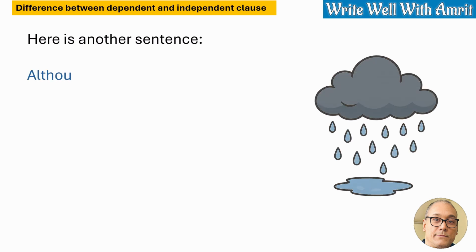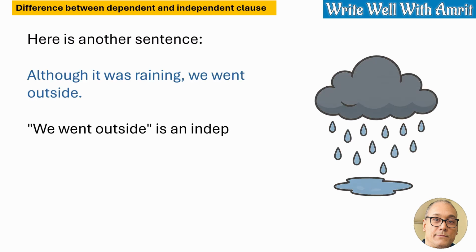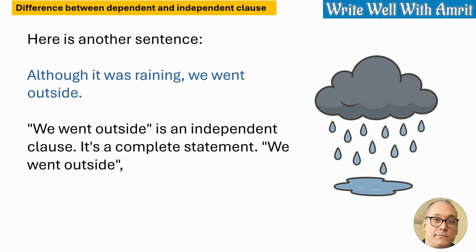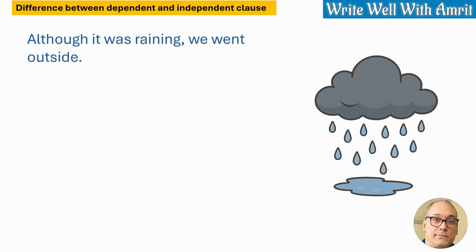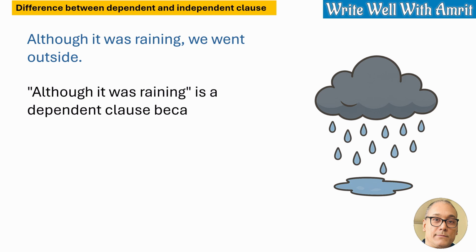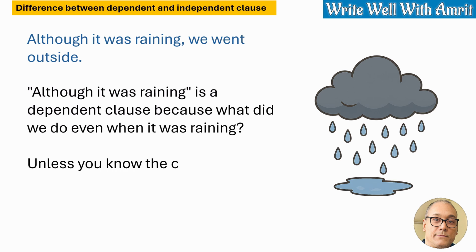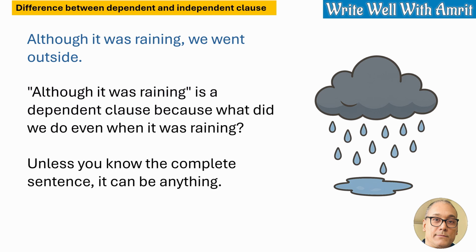Here is another sentence. Although it was raining, we went outside. We went outside is an independent clause. It's a complete statement: we went outside, whatever could be the reason. Although it was raining is a dependent clause because what did we do even when it was raining? Unless you know the complete sentence, it can be anything.